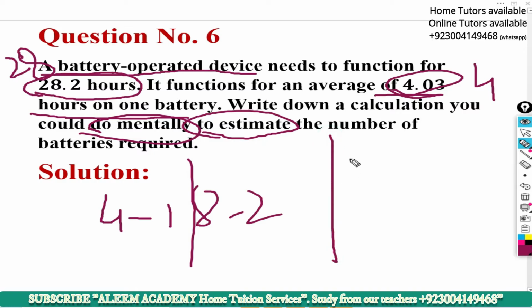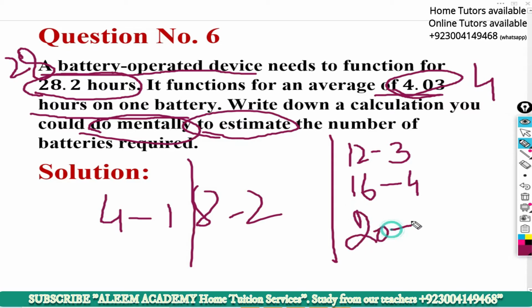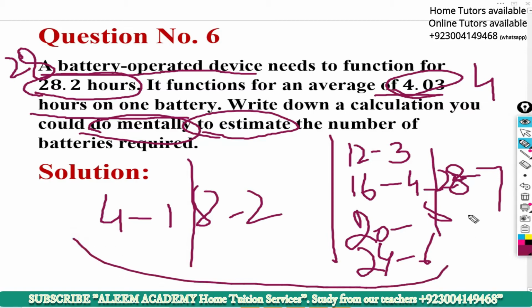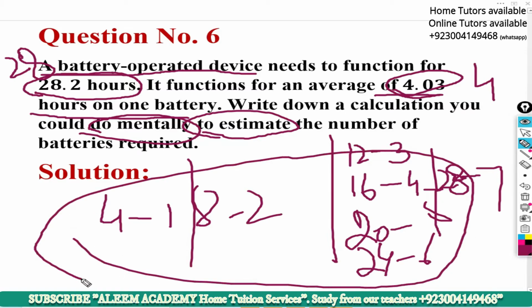Okay, and then it will work 12 hours on 3 batteries. It will work 16 hours on 4 batteries. It will work 20 hours on 5 batteries, and it will work 24 hours on 6 batteries, and it will work 28 hours on 7 batteries. This is the calculation that I did by adding 4 and 4 hours. Each time 4 hours I added, and also I added a battery.